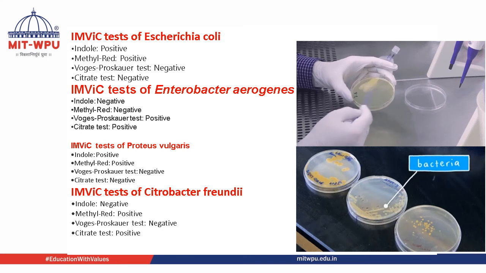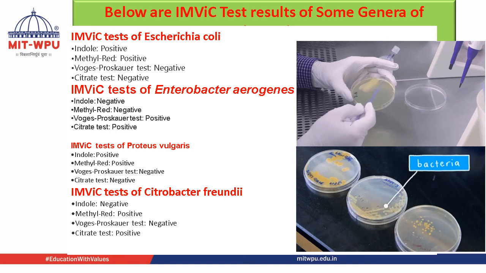Methyl red also shows a positive test, but VP and citrate show negative. In case of Citrobacter freundii, indole test is negative, while methyl red and citrate tests show positive. So based on the reactions and enzyme utilizations, we can identify unknown species. These are the different tests.